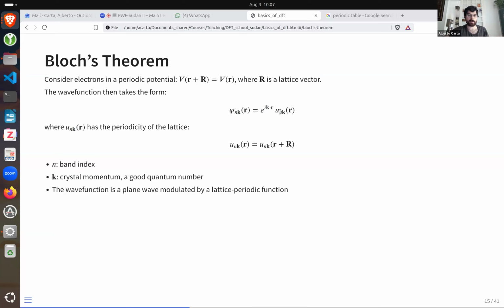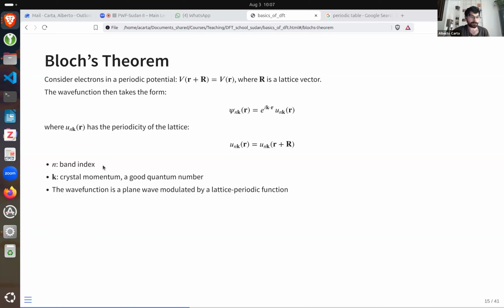This modulation function basically tells us about how the plane wave gets modified by the potential of the periodic solid. Okay, so this u_nk is just some periodic function that modifies the plane wave that is available in a free solid.